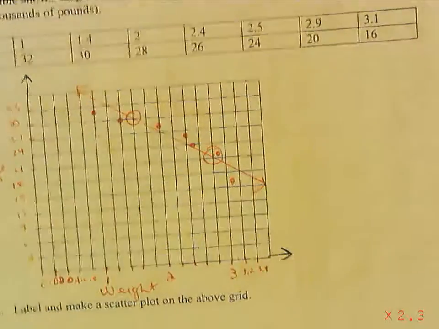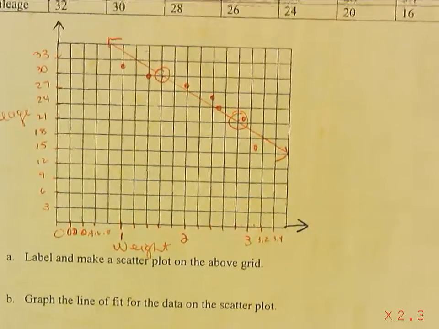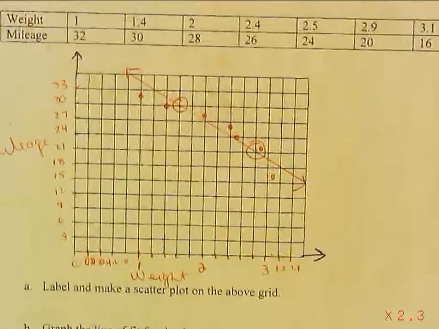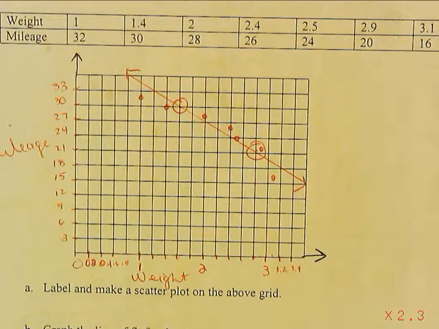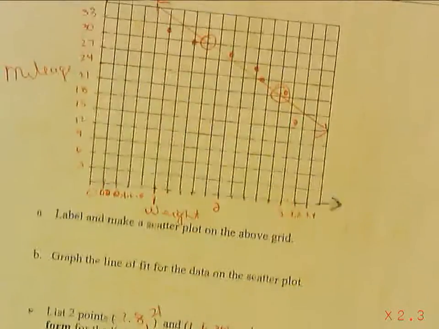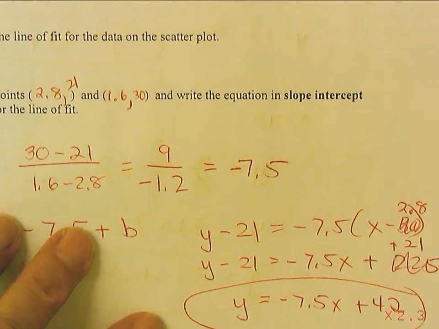Okay, so now, again, how you choose to draw your best fit line is up to you. I personally, the first time I did this, I listed points of 2.8, 21 and 1.6, 30.